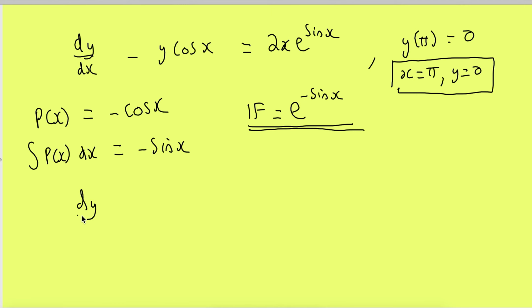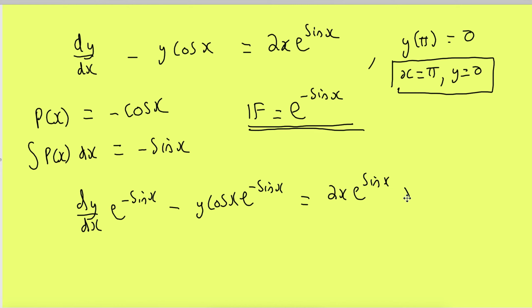So dy by dx e to the power of negative sine x, take away y cos x e to the power of negative sine x equals 2x e to the power of sine x times e to the power of negative sine x. Cool.